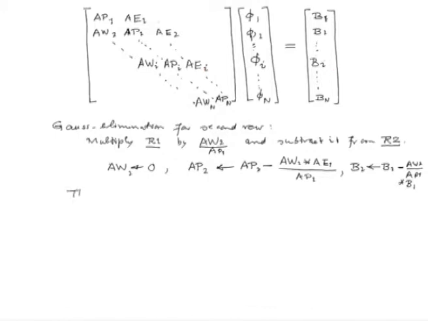Thus in general, for I equal to 2 to n, our forward elimination process becomes: API becomes API minus AWI into AE of I minus 1 divided by AP of I minus 1.